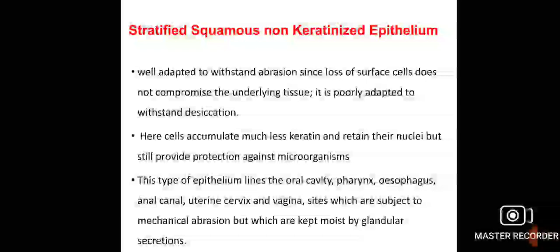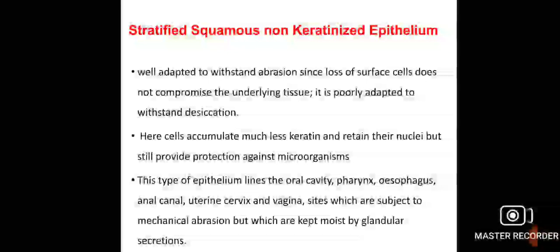Now, the stratified squamous non-keratinized epithelium. It is well adapted to withstand abrasion since loss of surface cells does not compromise the underlying tissue. It is poorly adapted to withstand desiccation.